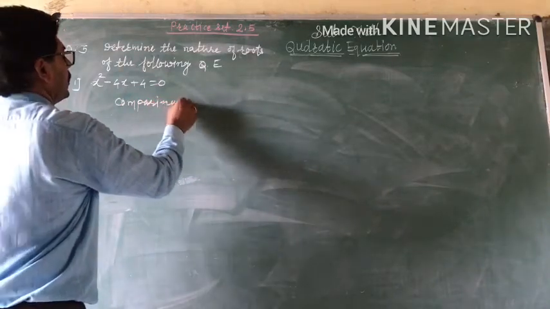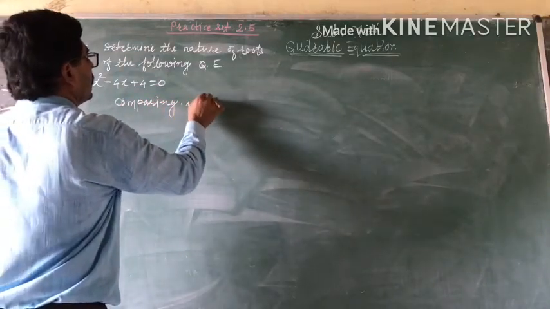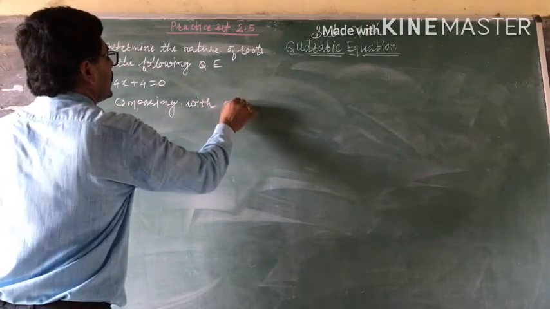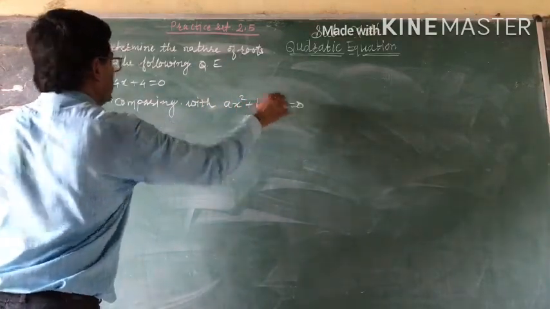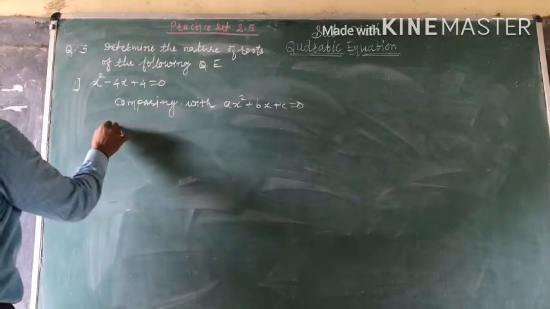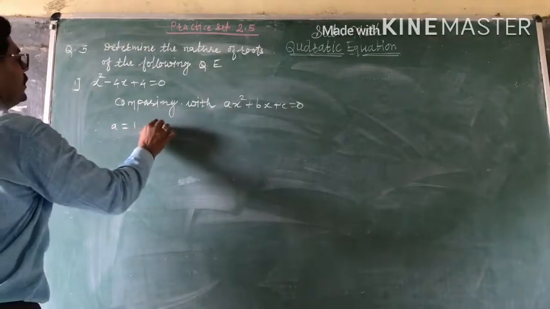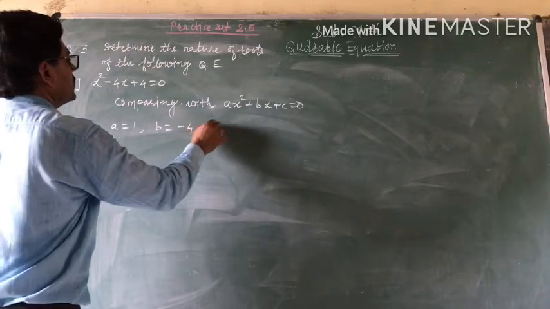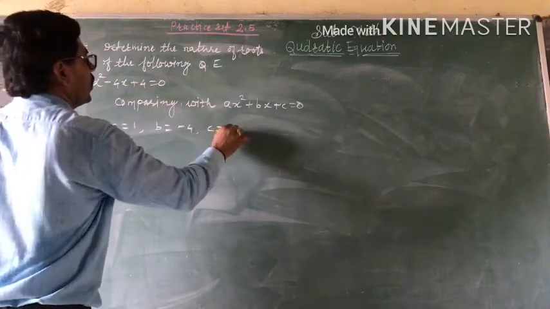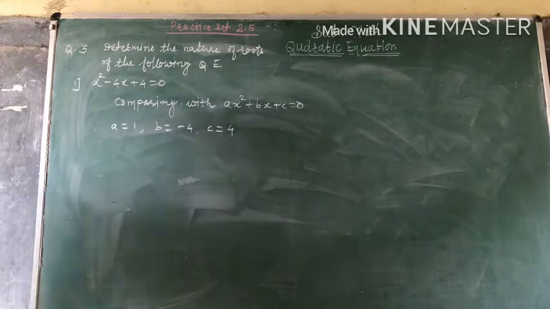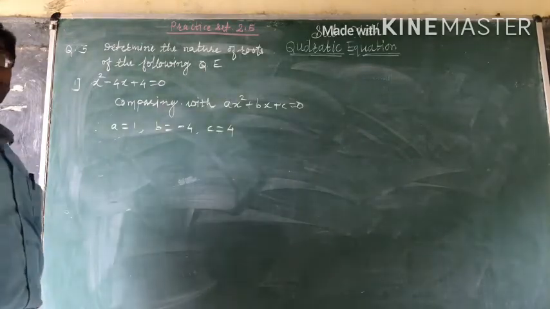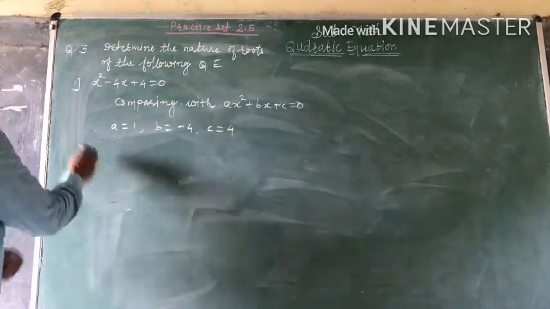Comparing with x square plus bx plus c is equal to 0, we find a is equal to 1, b is equal to minus 4, and c is equal to 4. Now, for the nature of roots, find the discriminant.